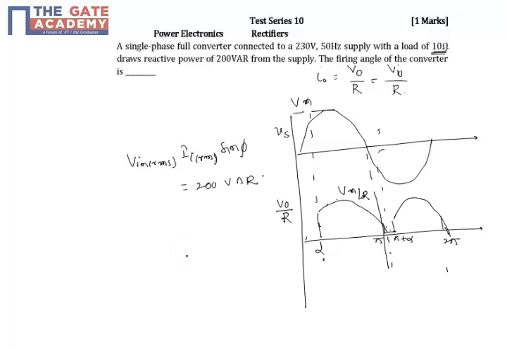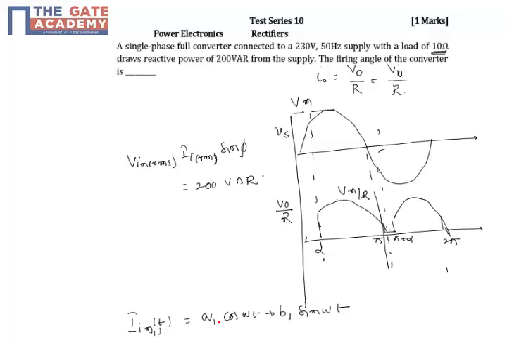For any waveform, you can represent it in terms of a Fourier series in terms of sine and cos omega t. For example, in this case, I can represent the fundamental input current as a function of t, which is equal to a1 into cos of omega t plus b1 into sine of omega t.